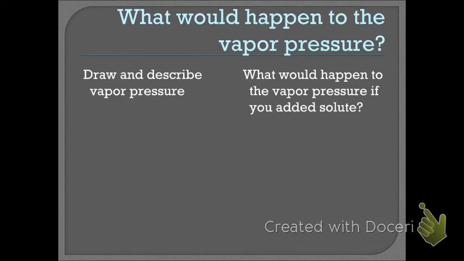What does this mean for vapor pressure? Vapor pressure is pressure due to vapor, right? So that's what it means. If you have water molecules that are leaving, so here's your water line, as water molecules leave, these are vapor particles, right? They're gas particles.